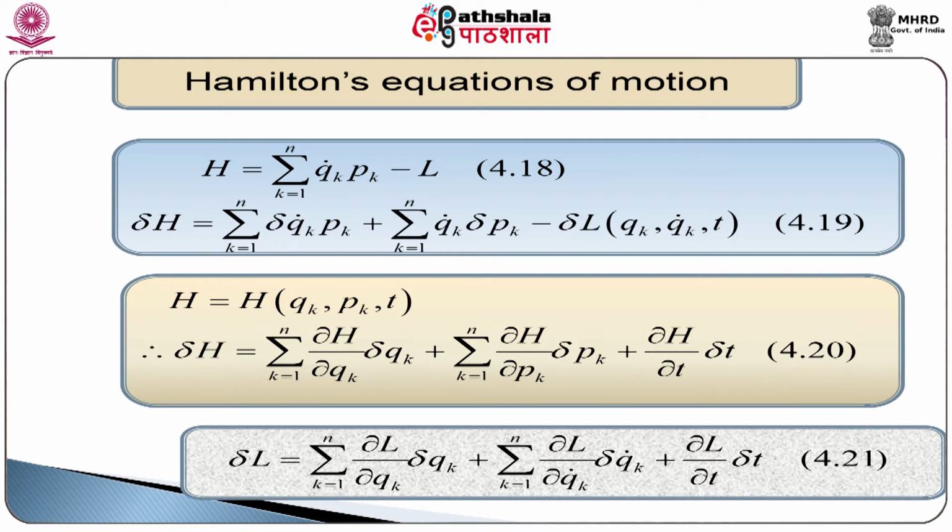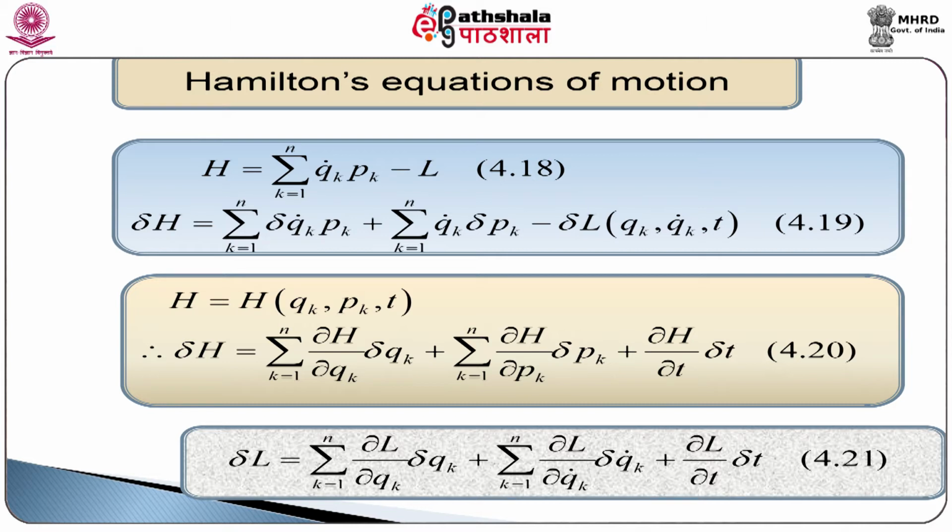If we take the variation of this equation, then we have delta H equals to summation k equals to 1 to n del capital H del qk into delta qk plus summation k equal to 1 to n del capital H del pk into delta pk plus del capital H del t into delta t.